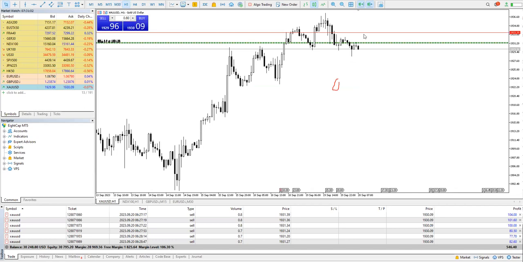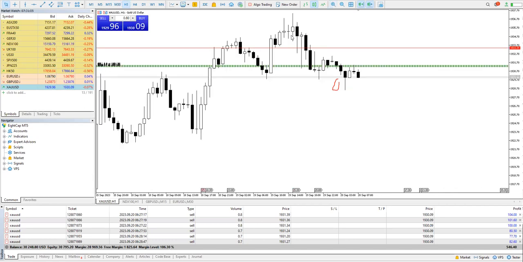1 hour time frame, this is how it looks like. So on a 1 hour time frame, which one of these is the order block? So it is this one, because this one happens to be the last bullish order block before the bearish movement.